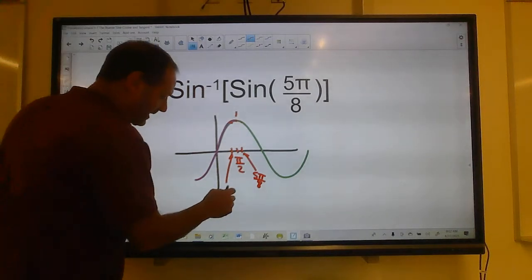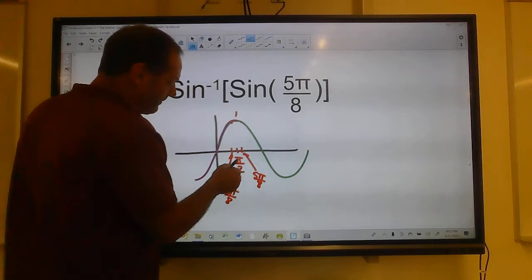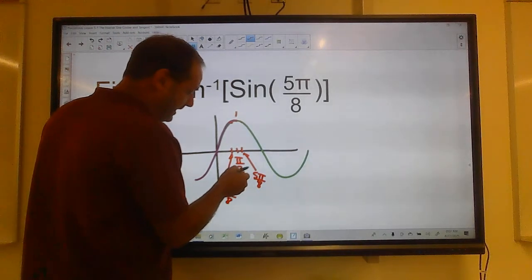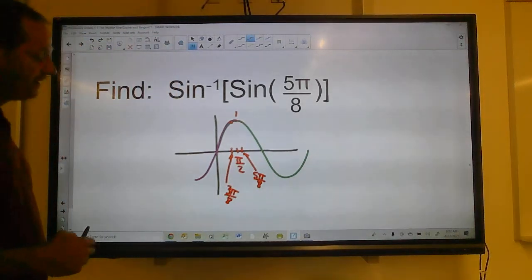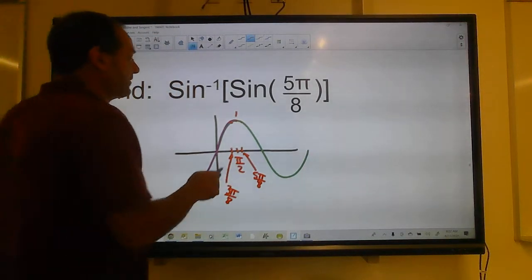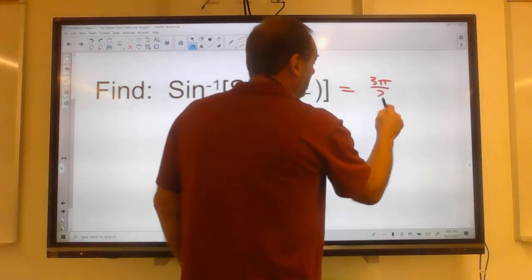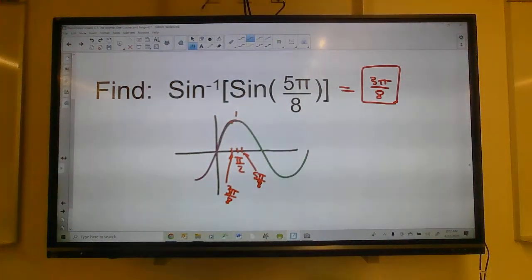That's going to be at 3 pi over 8. How did I get that? Well, if you think of this as 5 pi over 8, this is 4 pi over 8, I'm 1 pi over 8 to the right. So if I go 1 pi over 8 to the left, that's going to be 3 pi over 8. So these are not going to cancel in this case, and I'm going to get 3 pi over 8 for my answer. So I've got to use symmetry in order to do that.